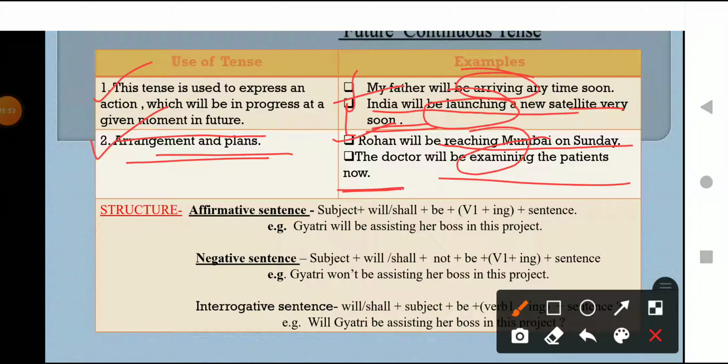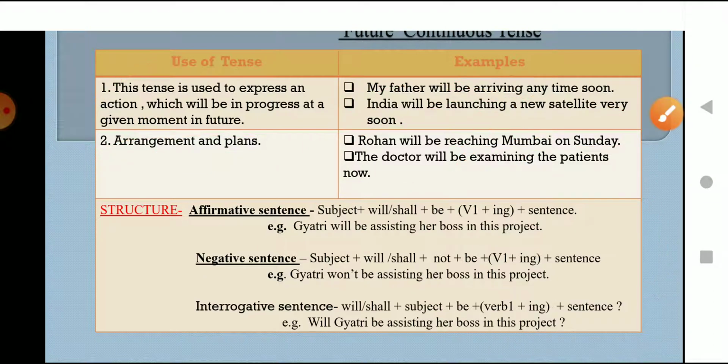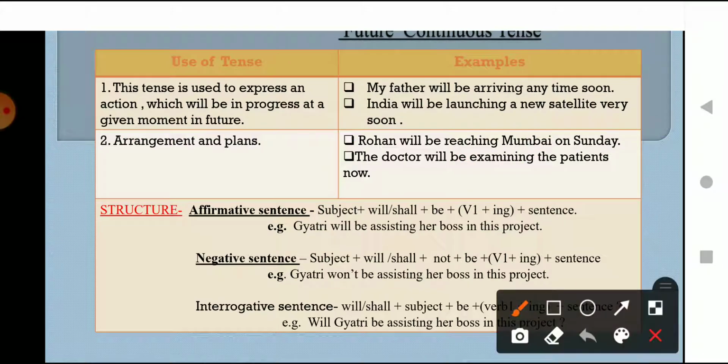For affirmative or positive sentences, first of all we take subject plus will or shall according to the noun, plus be plus the first form of the verb and ing. As you see above, with arrive we have used ing, and then the remaining part of the sentence.